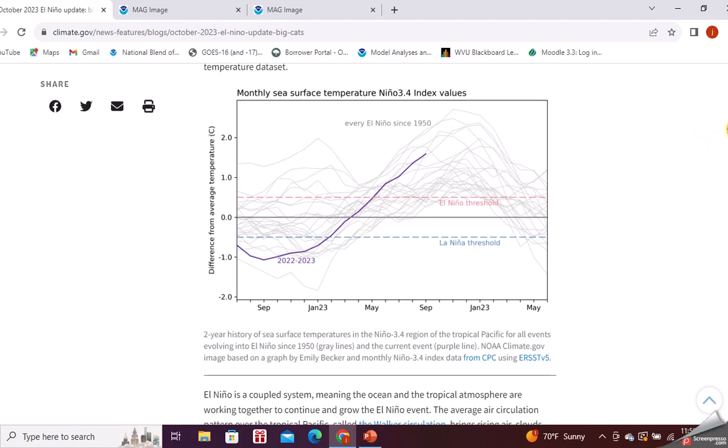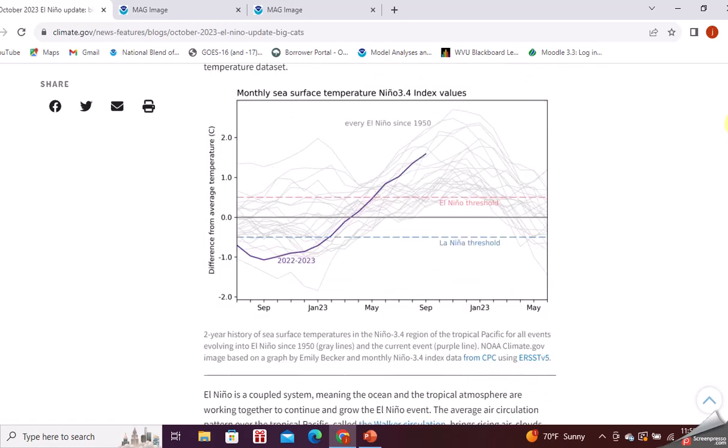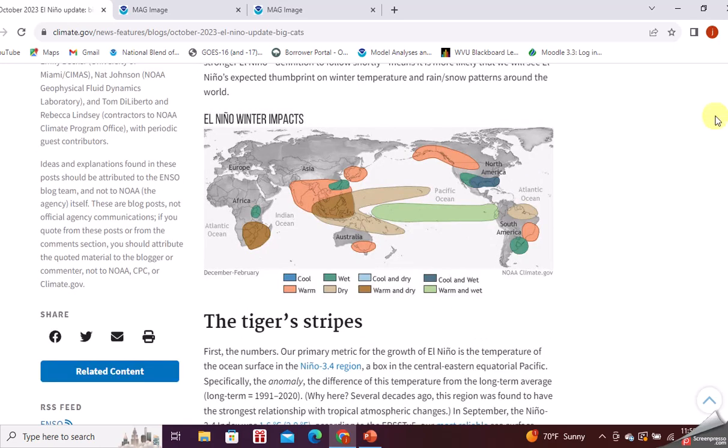So how do they do that? Well, let's take a look. Here is the actual temperature difference, and you can see very warm conditions out in the Pacific here, well above normal. Let's go up here to look. Here are the areas the El Nino impacts. What it does is cause pretty dry weather up in this area, and wet and cool conditions down in the southern United States.